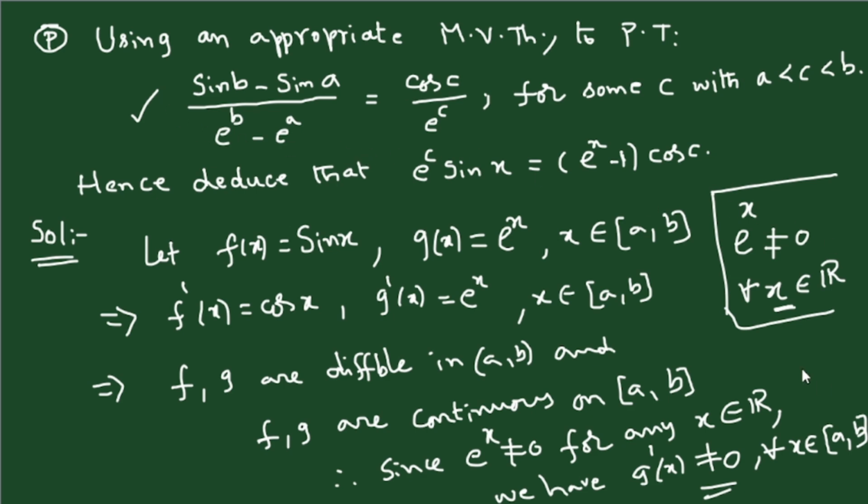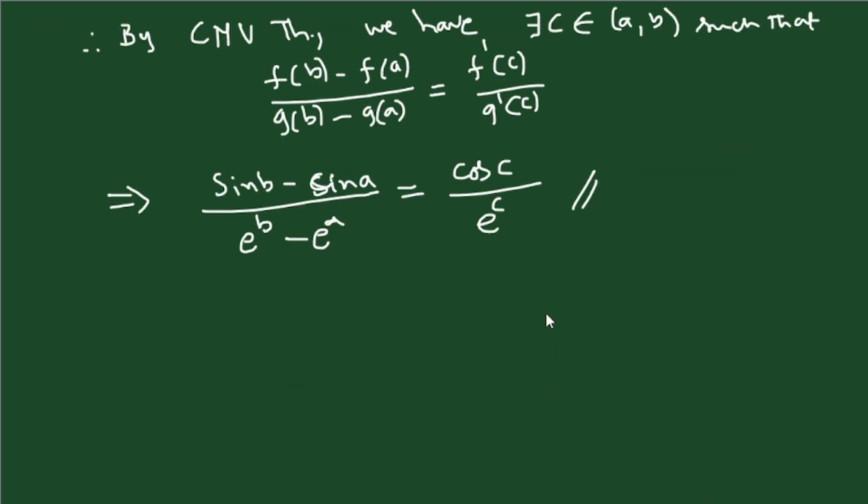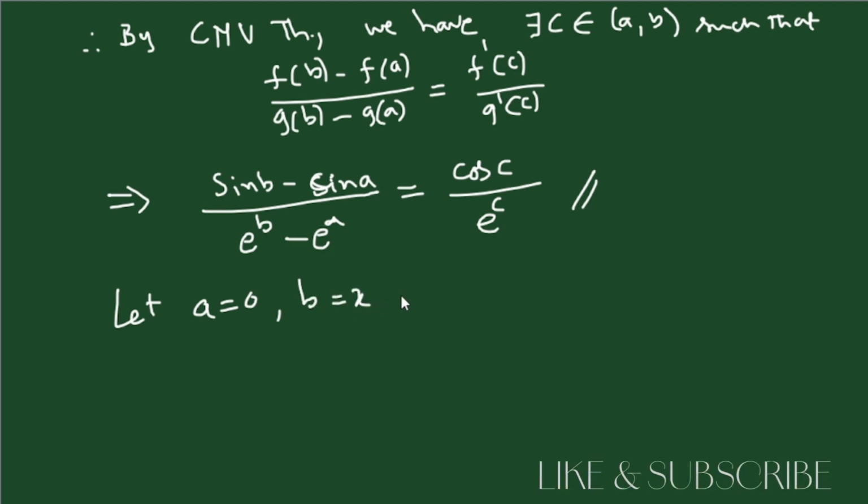Okay, what about the second one? Right. Now this happens for any interval [a, b]. Let a equal to 0 and b equal to some number x, right? Because this is happening for any particular a and b, here I take a equal to 0 and b equal to x.